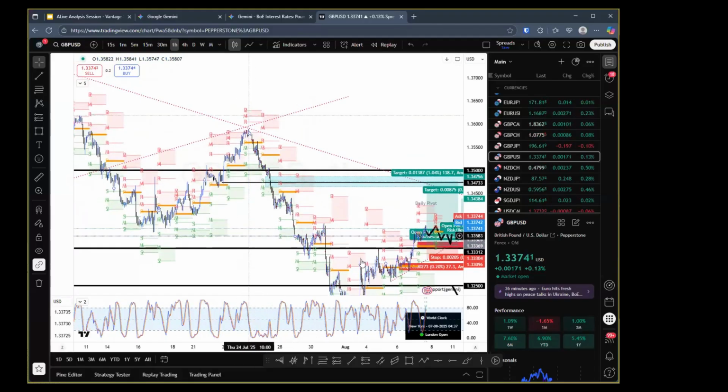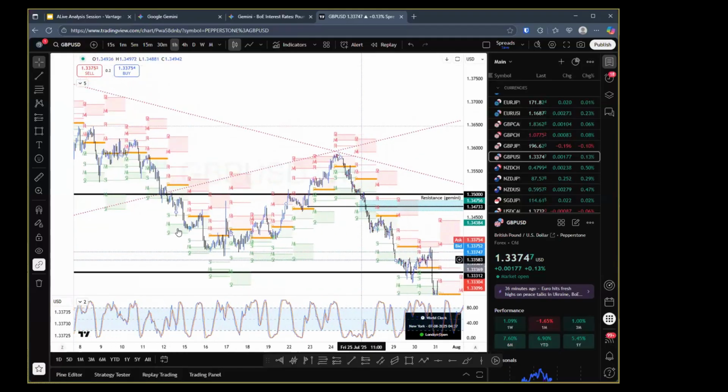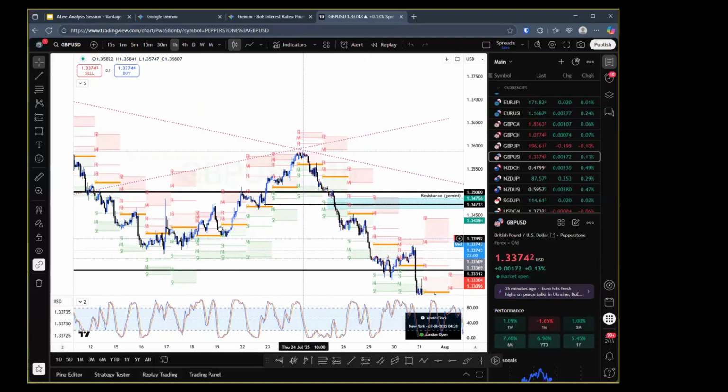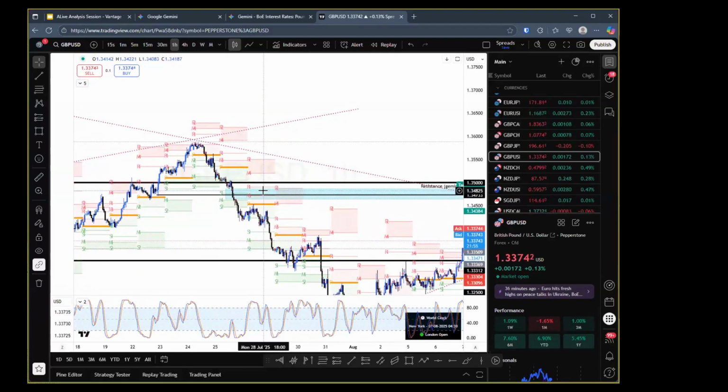But from a technical perspective, this was a spike on the 17th of July, and as it breaks above, this entire area was supposed to be a support, and as it comes into this level, it cuts right through. So this becomes a flip zone, where it used to be a support region, and as it cuts through, it becomes a resistance.